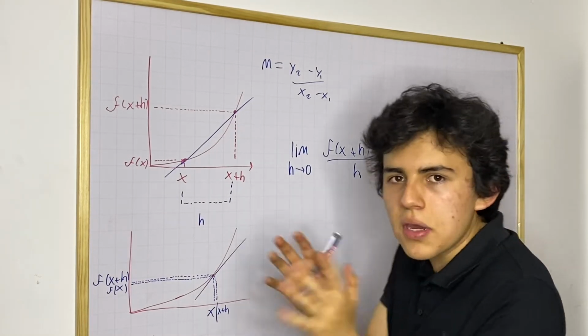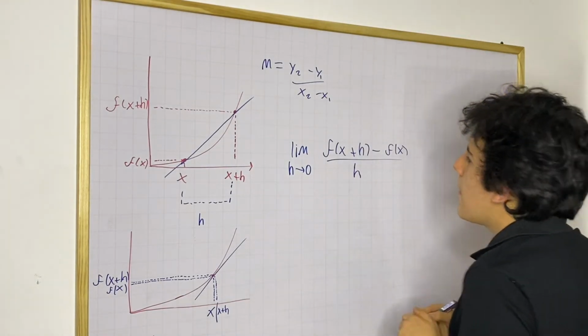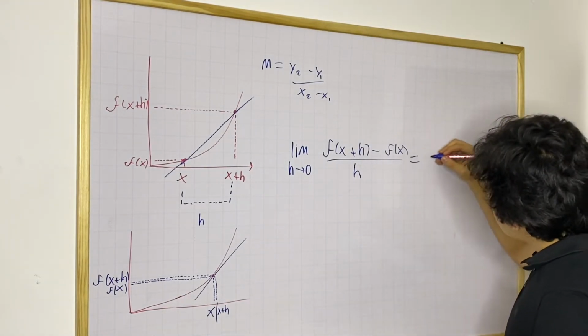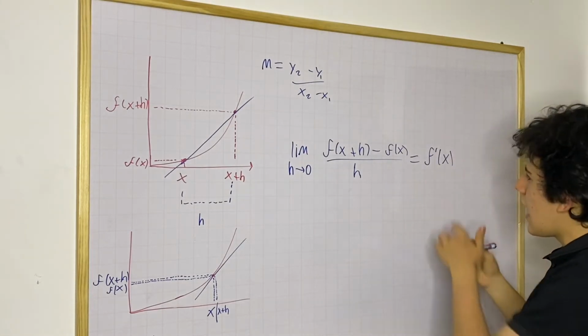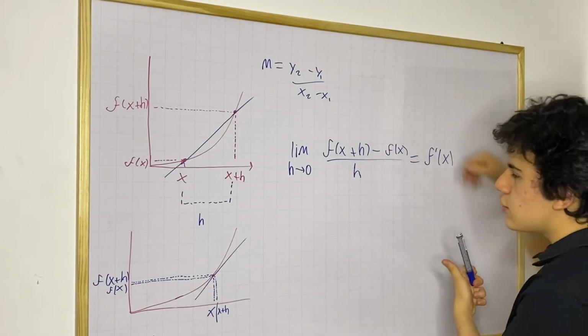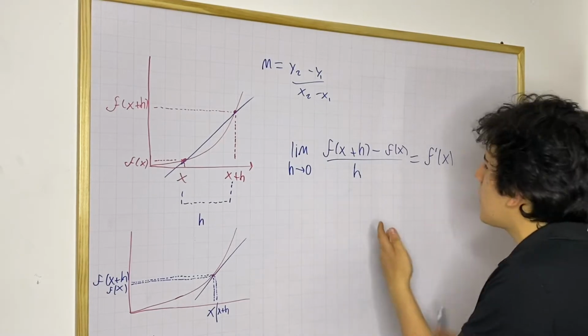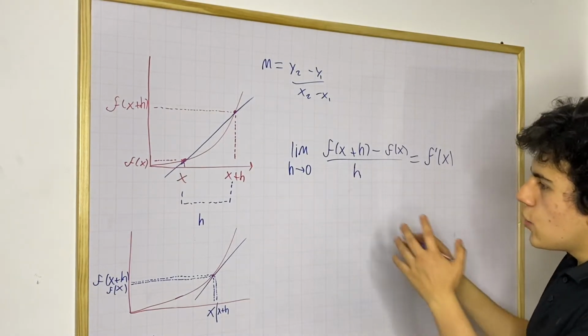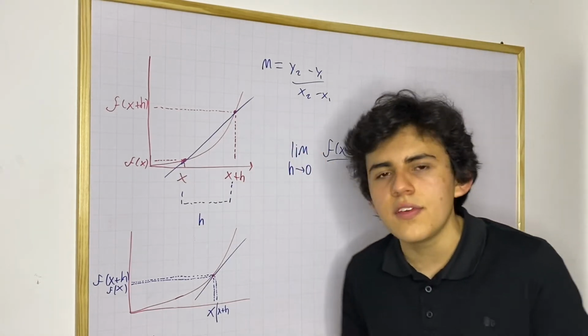We just want h to be very small, and we're gonna get this. This is what we call f prime of x. This tick, this apostrophe, simply means prime, or the complement of f of x. So I hope now you see that a derivative is not that bad.